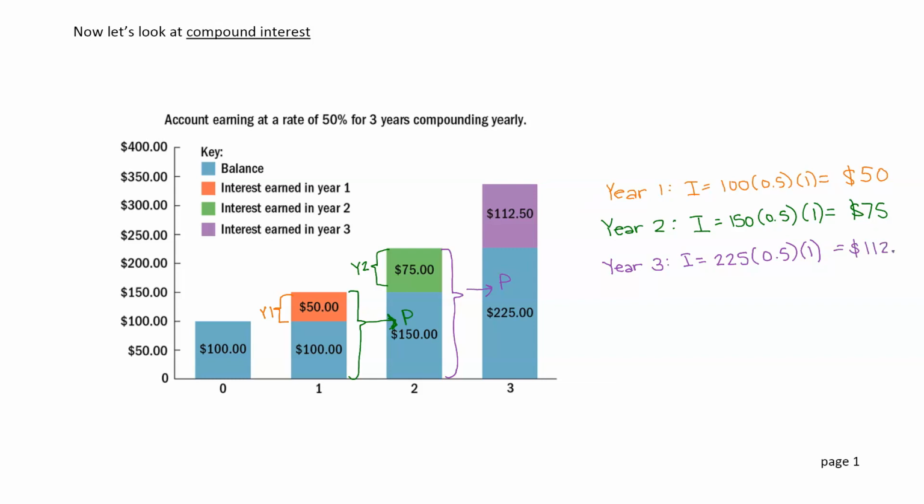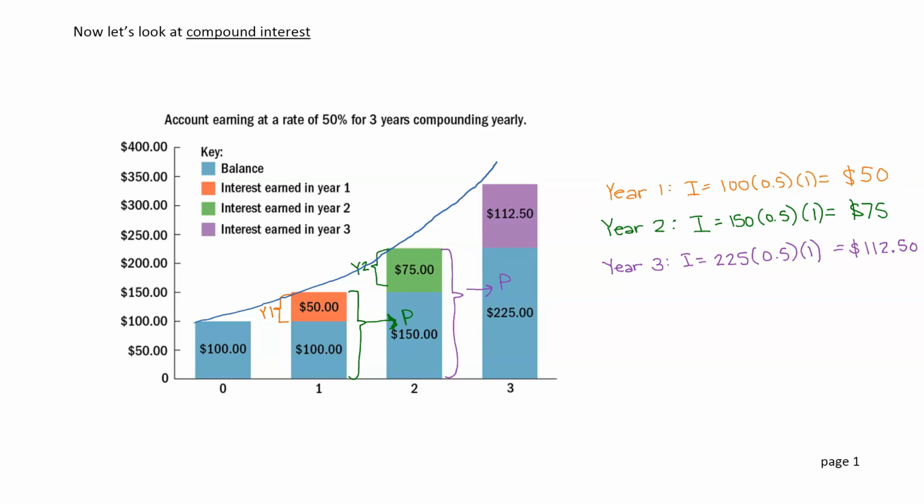This is $112.50 of interest for the third year. You'll notice that the amount of interest added to the account each year increases. First it started at 50, then it went to 75, then it went to 112.50.